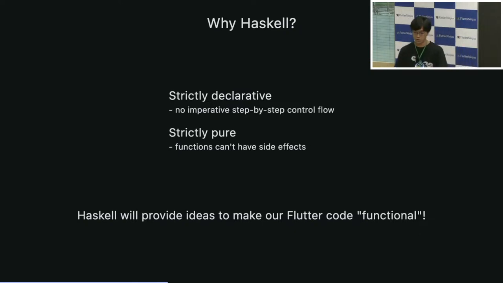It must be pure. But still, Haskell enables us to build any kind of software, like backend apps, GUI apps, or even game apps. So I believe Haskell will provide a lot of ideas to make our Flutter code declarative and pure, which means functional.